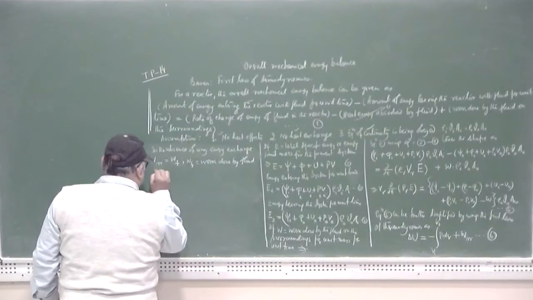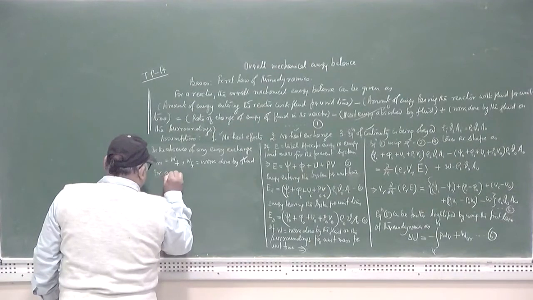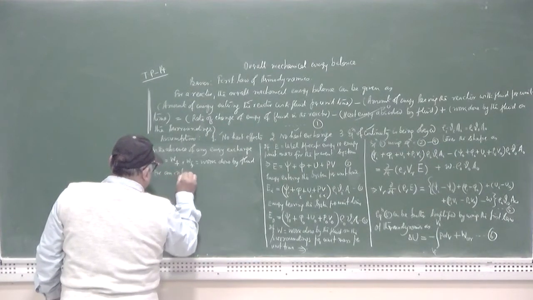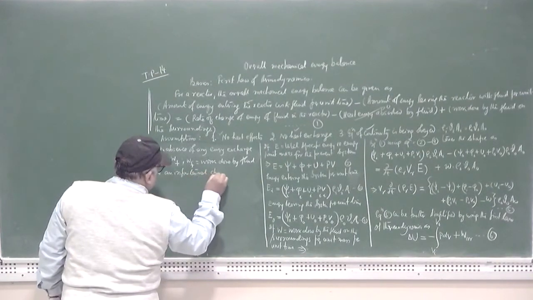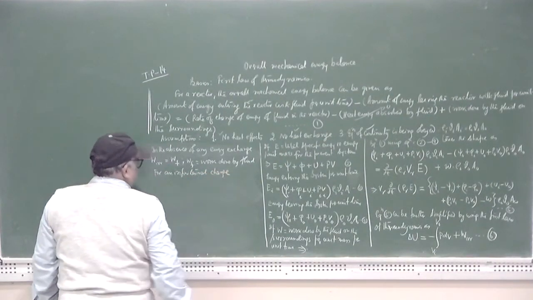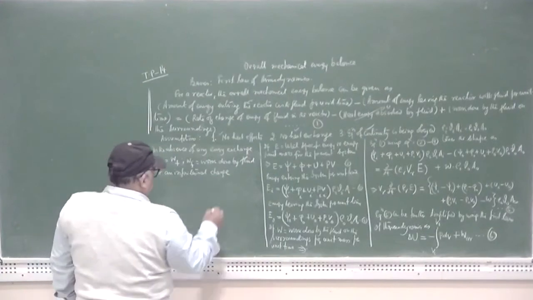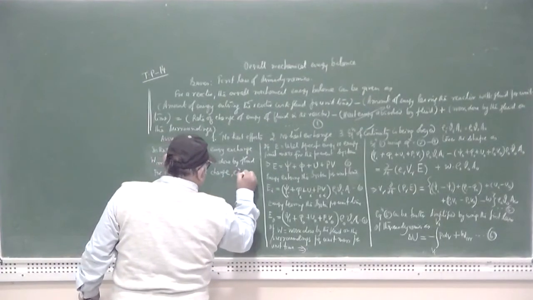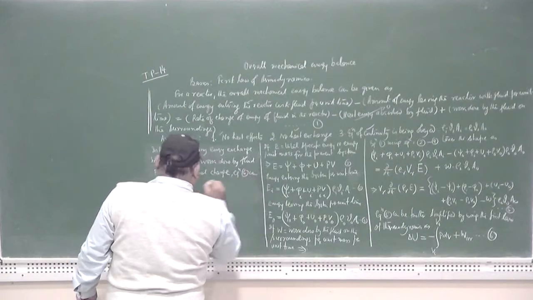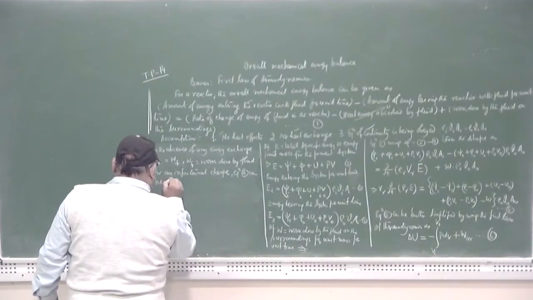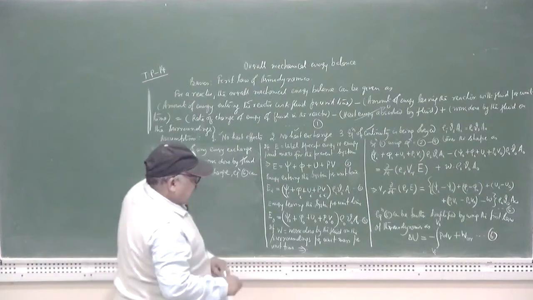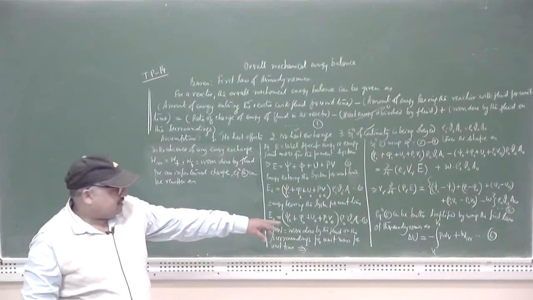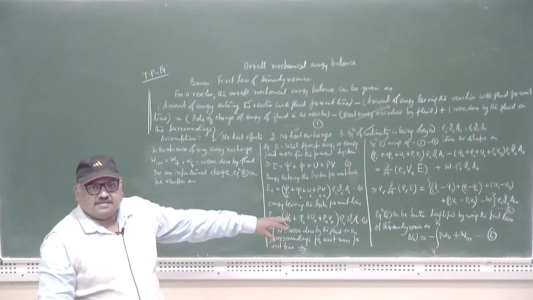So, for an infinitesimal change, that is a very small change, equation 6 can be written as follows. See, equation 6 is describing a finite change.